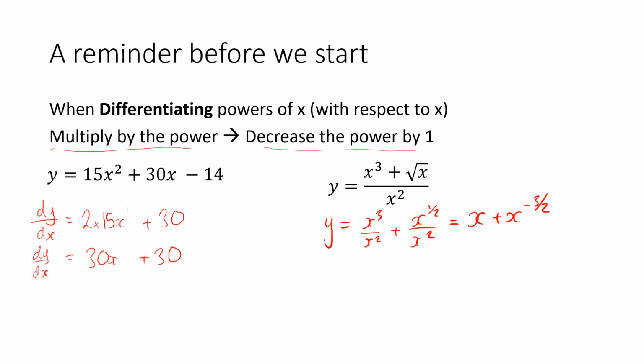Going to subtract our powers there. And so our dy by dx, well, x would go to 1, and this would go to minus 3 over 2 times by the power, and decrease to minus 5 over 2. So we could tidy that up to 1 minus 3 over 2 x to the minus 5 over 2.